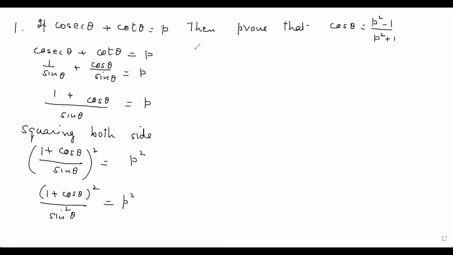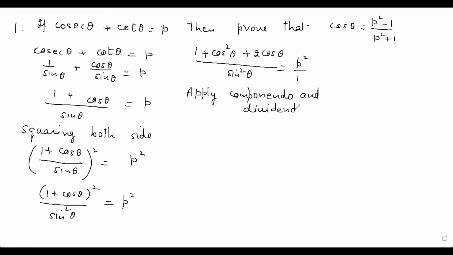That is equal to, now apply the identity (A plus B) whole square. This is 1 plus cos square theta plus 2 cos theta upon sin square theta is equal to p square. Now this is p square by 1. Now apply componendo and dividendo.